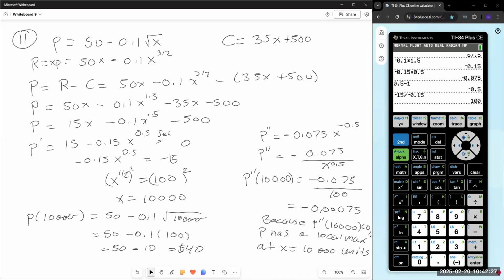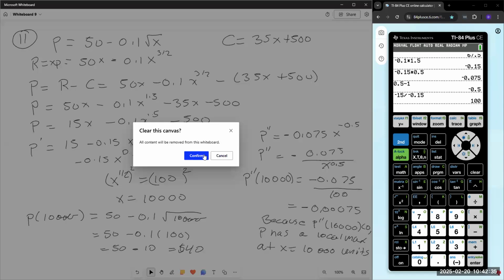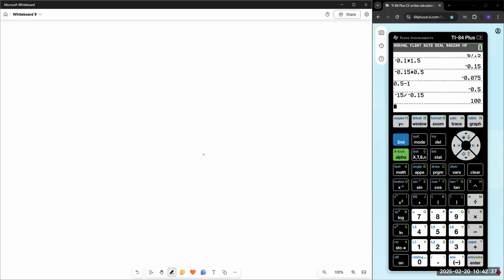Let's look at number 12, which is the last one in this little section here. It says that my demand function P is 24 divided by the square root of x.